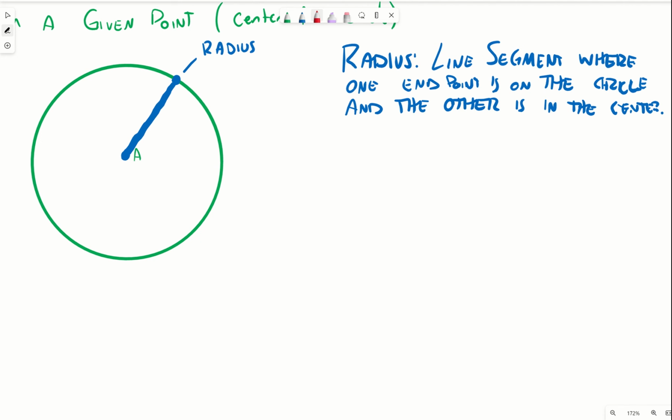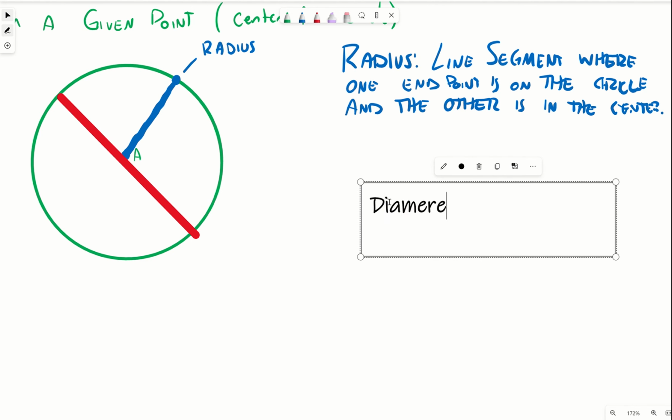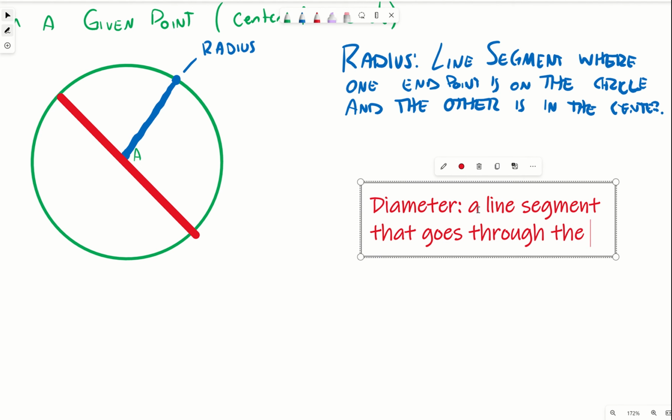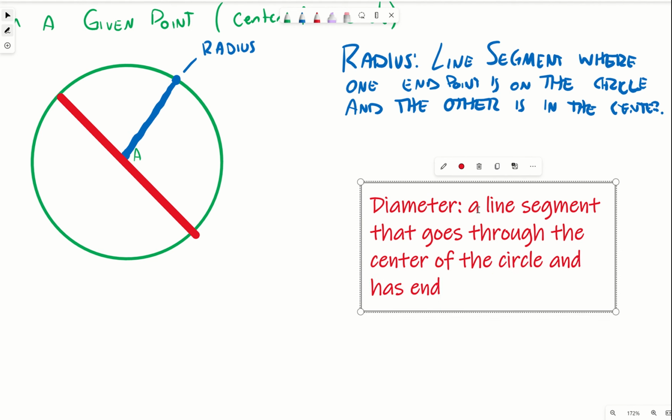All right, next we have the diameter. The diameter is a line segment that goes through the center of the circle and has endpoints on the circle.